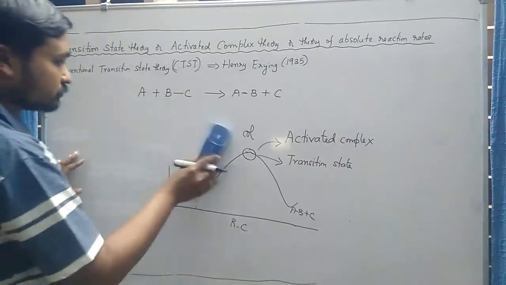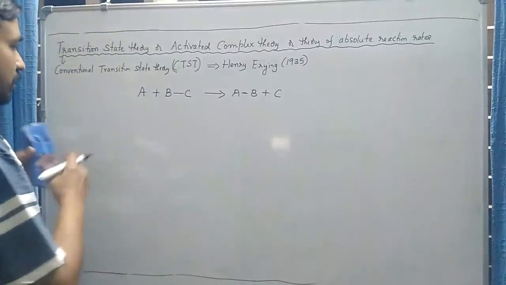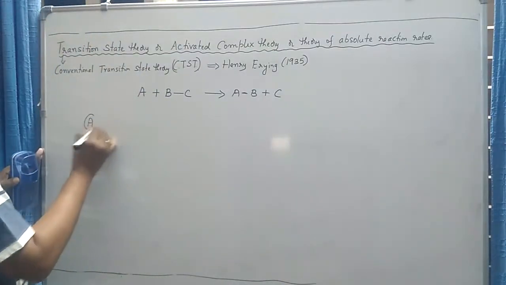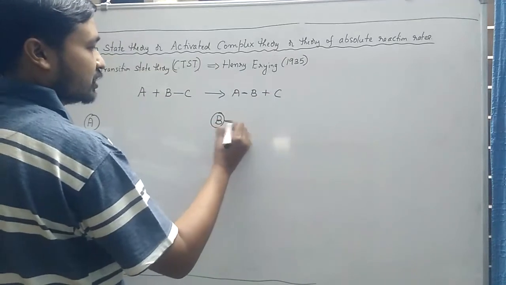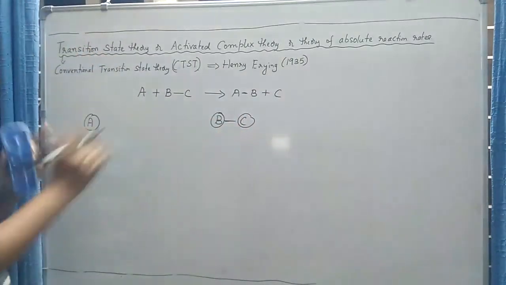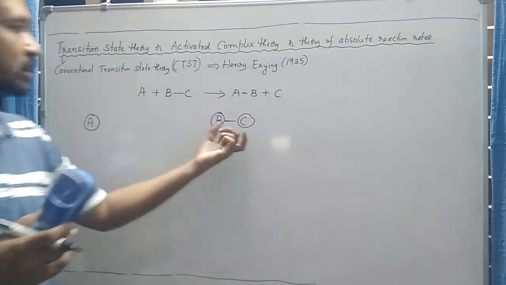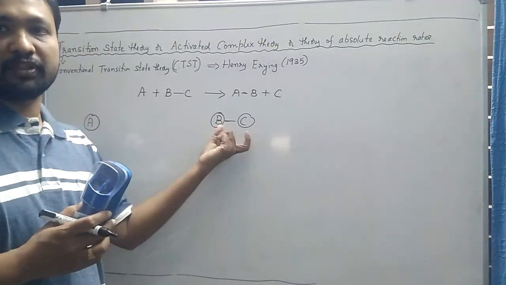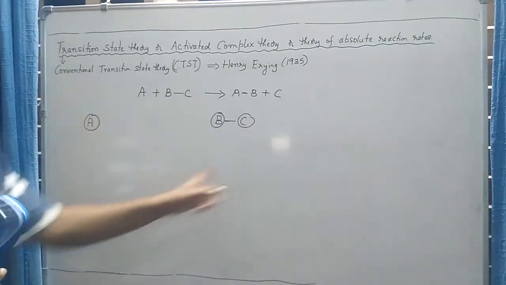So initially the molecule A and the molecule BC are infinitely separated, so they do not feel the presence of each other. There is one full bond between B and C, and there is no interaction between A and B or A and C.